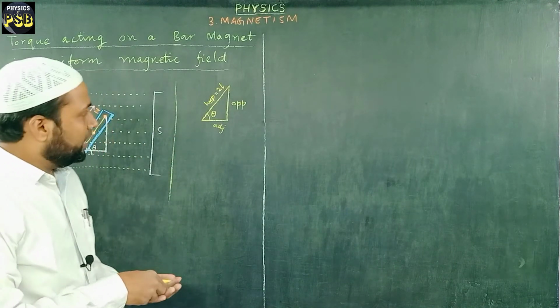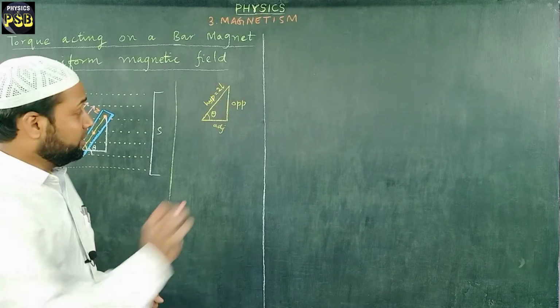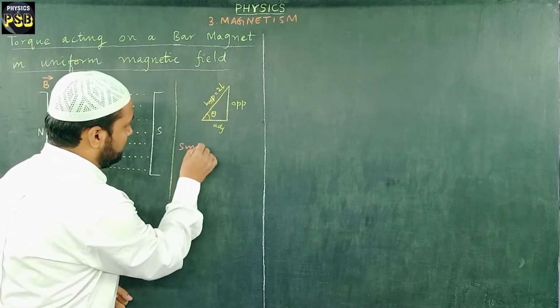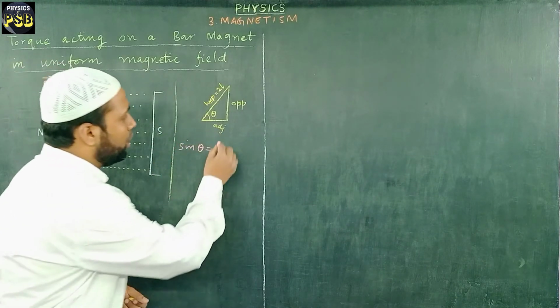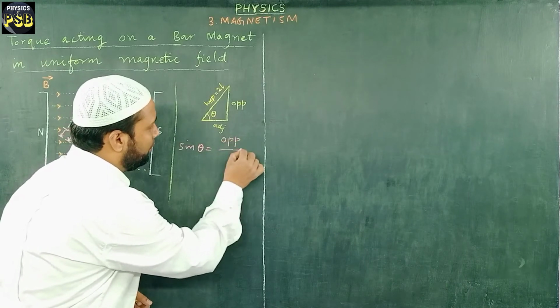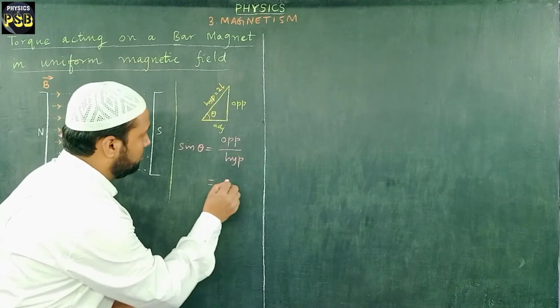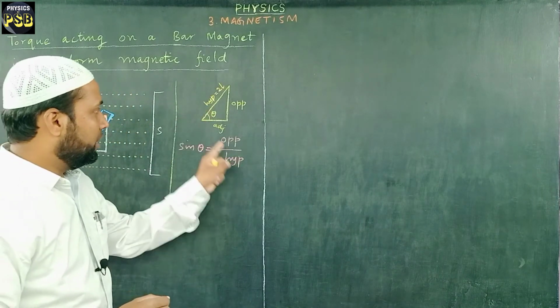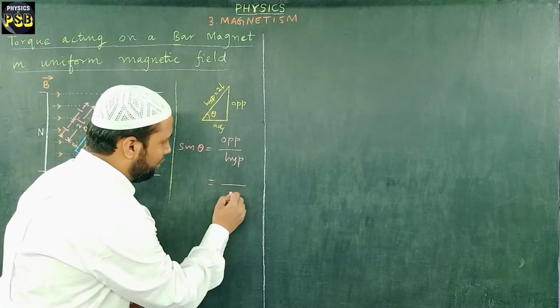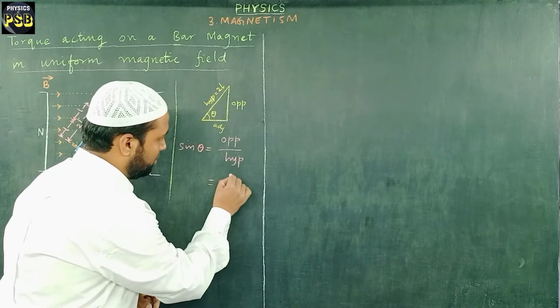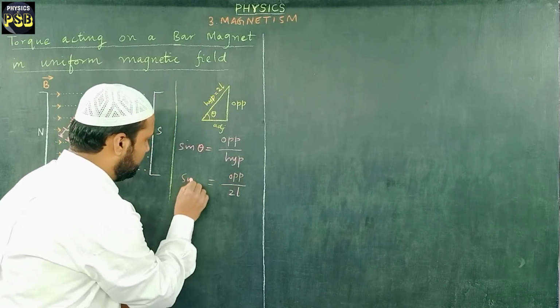Okay. In case of a right angled triangle, sin theta is equal to opposite side divided by hypotenuse. Clear? From the diagram, the hypotenuse is 2L, so sin theta equals the opposite side divided by 2L.